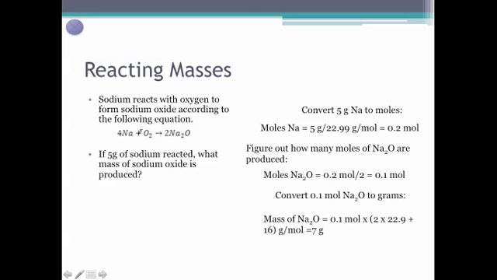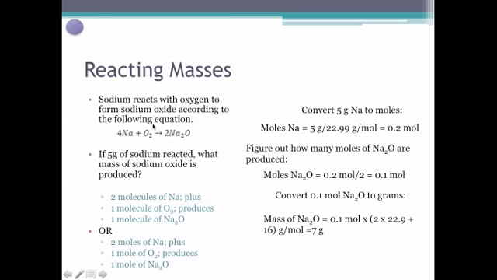You can see the proportions will always be that for any given number of moles of sodium, I'm going to get half the number of moles of sodium oxide. So the problem with trying to work out this particular question is we're not given the number of moles of sodium, we're actually given the number of grams of sodium. And if you look back up here, I've only ever been talking about moles. So therefore we've got to convert everything to moles. That's just a little summary of what I've been saying.